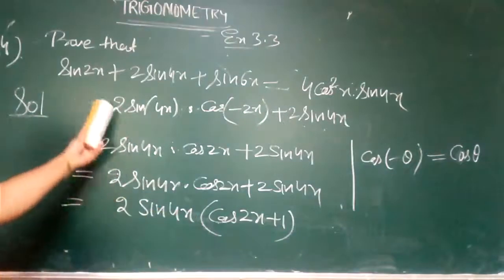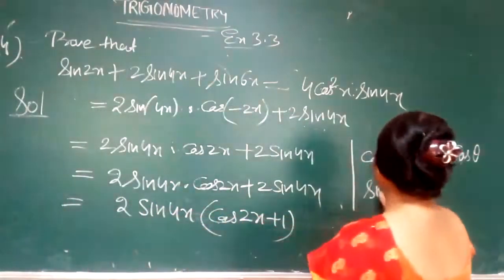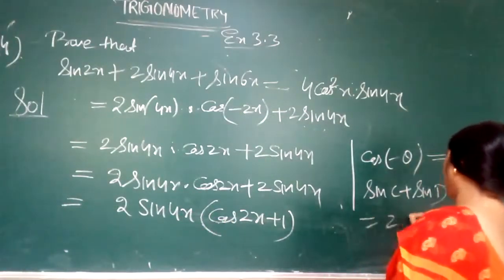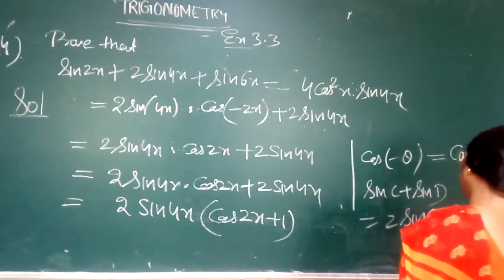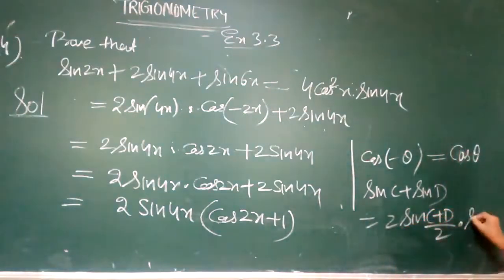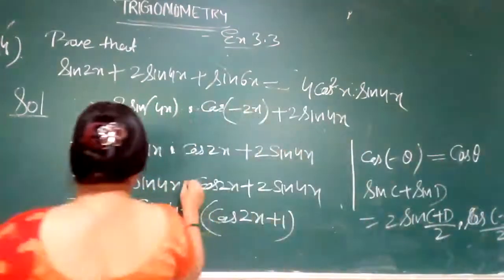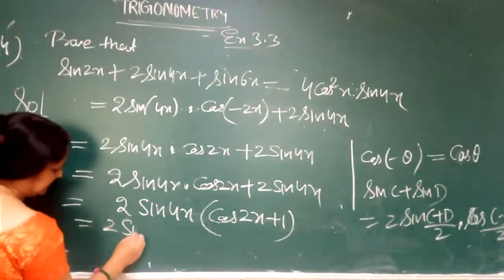Again I am telling you we are using the formula sin C plus sin D, which is 2 sin C plus D by 2 into cos C minus D by 2. So the multiplication is coming here, so write here multiply sign. After that 2 sin 4x as it is.